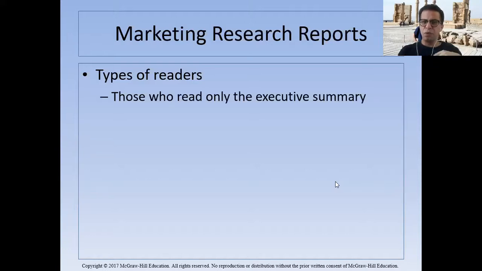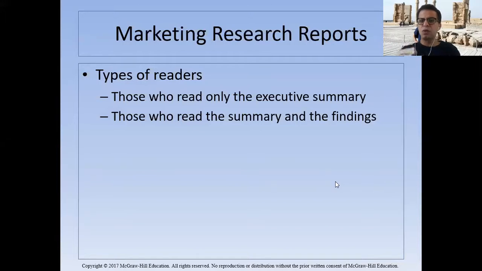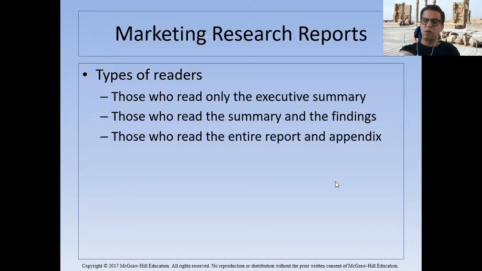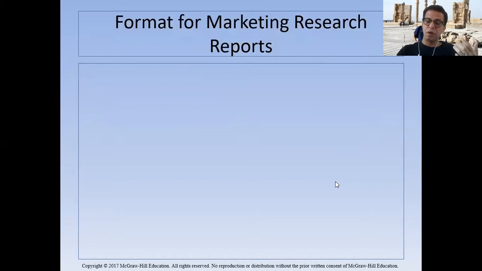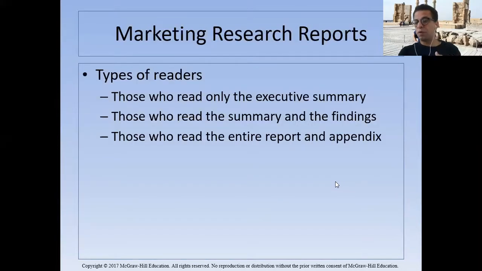There are those who only look at your executive summary, which is the top management. Those who read the summary and the findings, okay? And those who read the entire report and the appendix. So you have three different types of people.